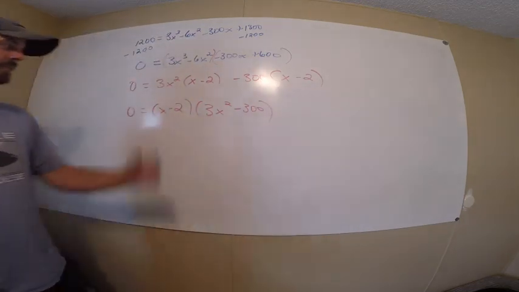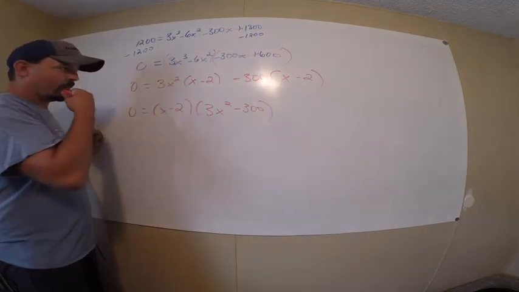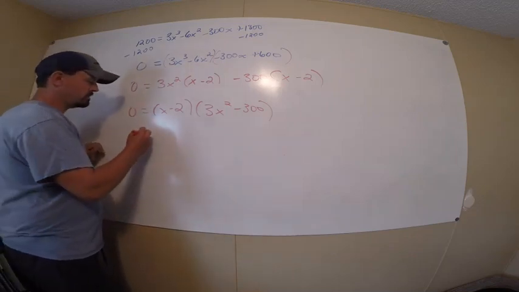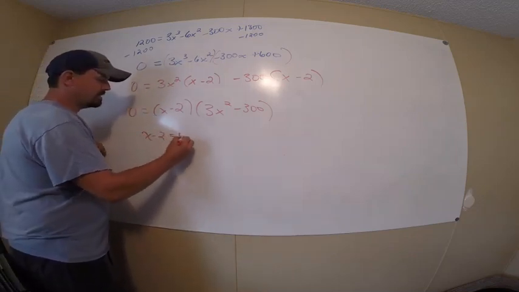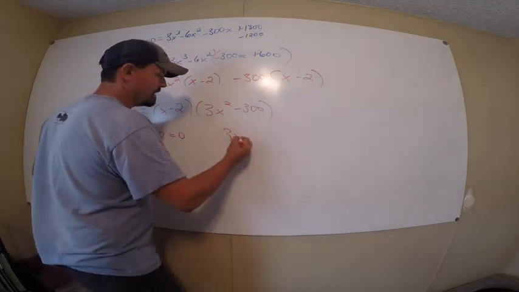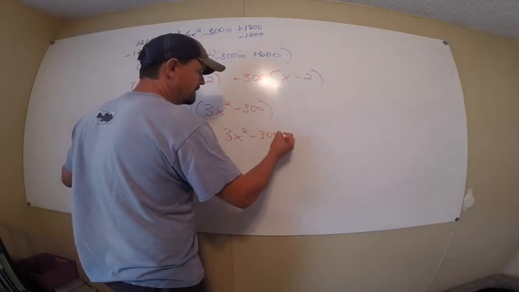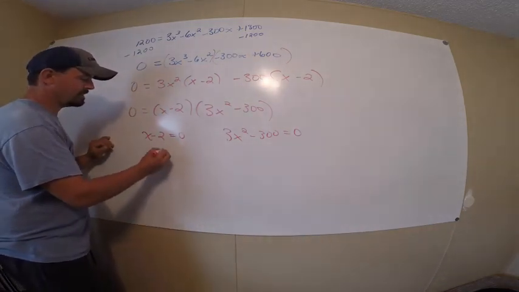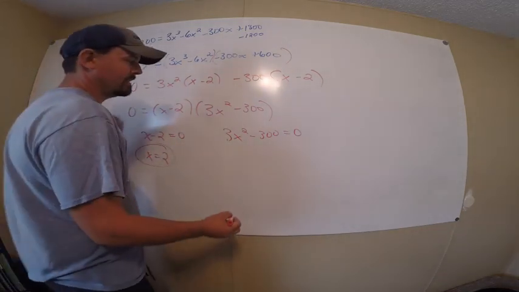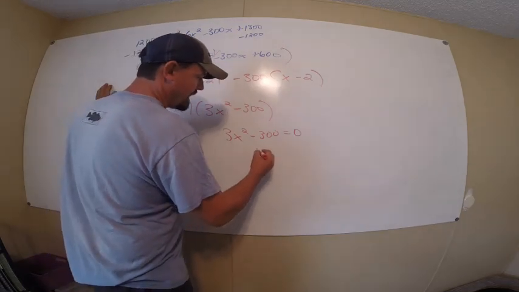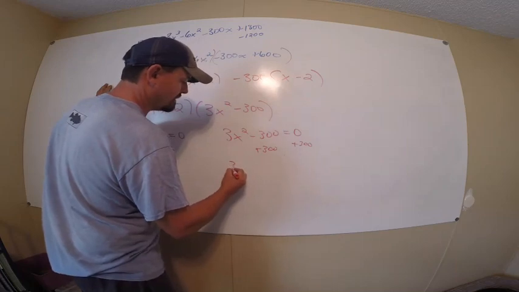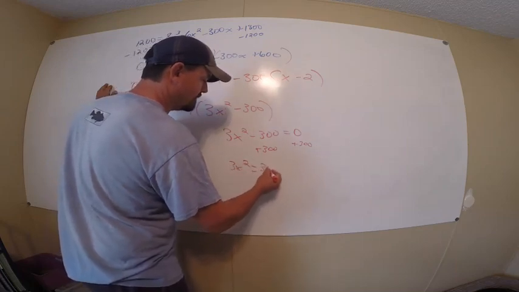Easy enough, right? Now, if I want to, I can just solve it from here. Okay, let's do that. Say, okay, x minus 2 equals 0. 3x squared minus 300 equals 0. So x equals 2 is one answer. And let's see here. So if I add 300 to this side, add 300 to that side, 3x squared equals 300.